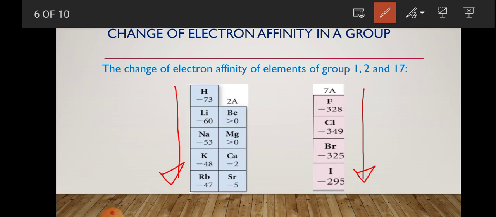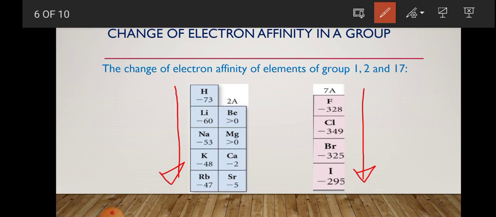As the size of atom increases in a group, that means if we go downwards in a group in the periodic table, then the size of atom increases. The attraction of nucleus on outer electrons gradually decreases. That's why electron affinity also decreases.